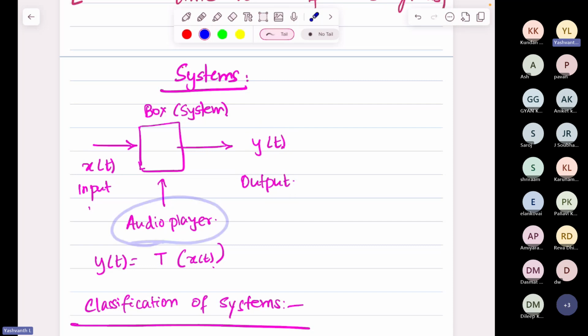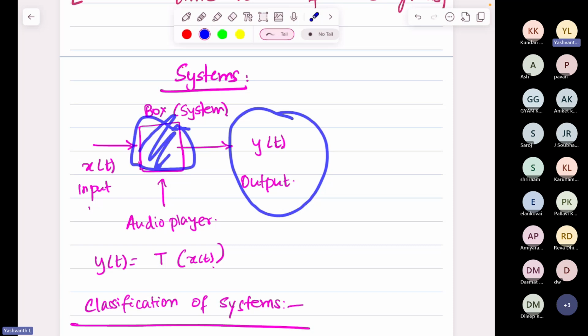You feed in some cassette to it. The tape will contain all the data, and there's some inherent system inside it, and the output of this audio player is that you hear the sound. So it converts the input, basically the digital data stored on the tape, to the output, which is the audio sound. So in between there is some system we don't know, some black box.